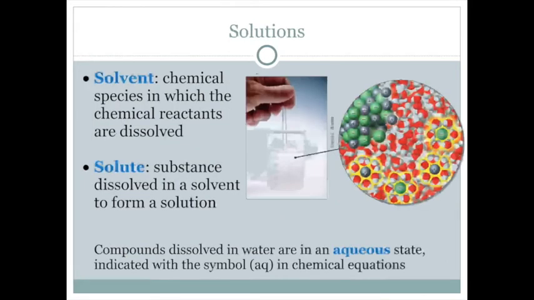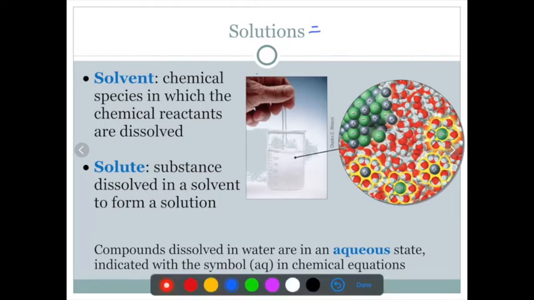Okay, so before we get into the double displacement reactions, we need to talk about solutions. A solution is a solute plus solvent. Remember, a solution is another name for homogeneous mixture.